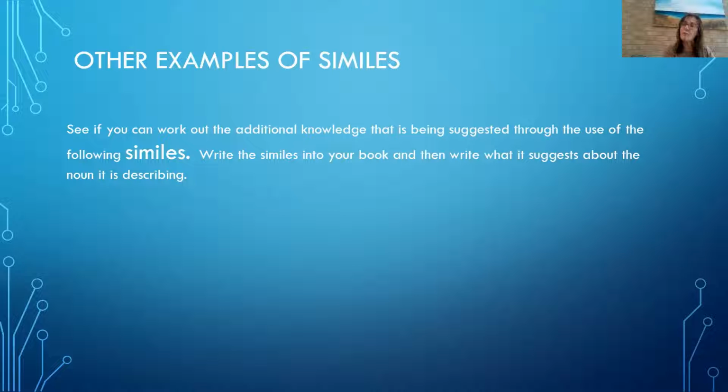So when we looked at she leapt like a cat over the small stream, the additional knowledge that's being suggested through the use of that simile is that she did it quickly and easily, she was agile, and she did it with grace and style. All those things that we know just about from our knowledge about what a cat leaps like.